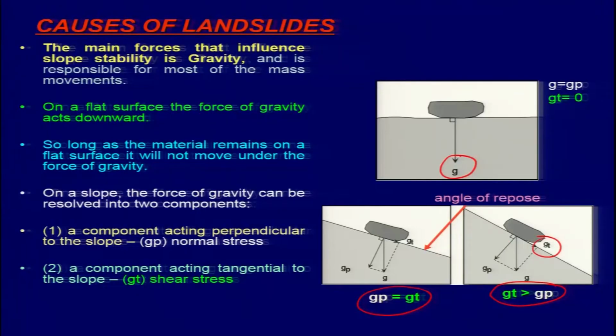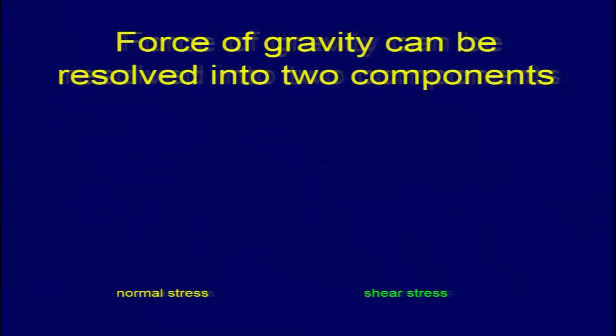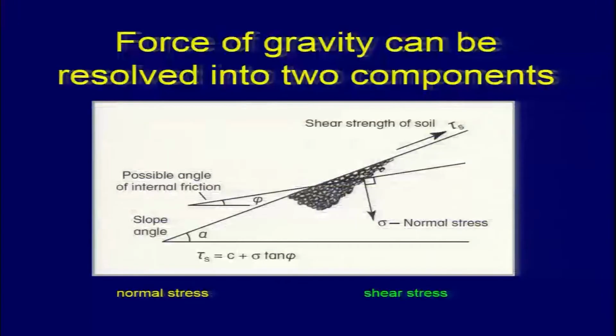So your shear stress, that is the driving force, has increased, which will result in the loss of shear strength of the material and eventually result in a landslide. So the force of gravity can be resolved into two components, as we have discussed: one is normal stress and the other is shear stress. This diagram also explains the same.